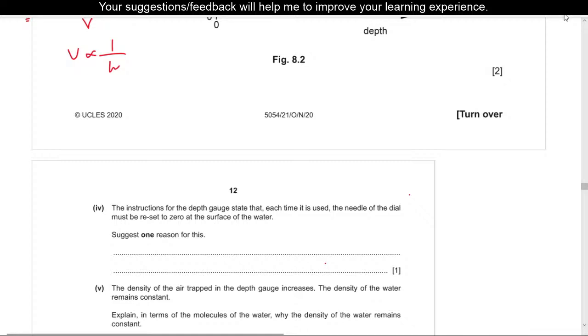Okay, so I would like you to answer the question of this one. One reason for resetting to 0. Anybody?